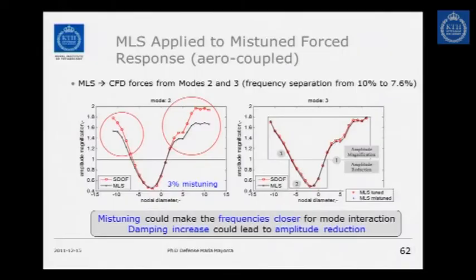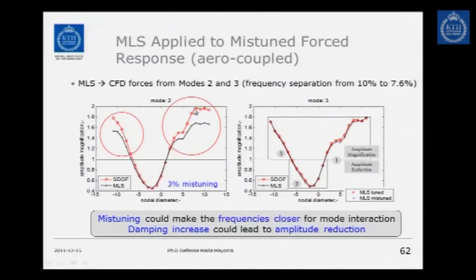If I produce this model and apply it to a force response calculation, aerocoupled and with mistuning, of two specific modes, what you see here is that if I mistune and look at the amplitude magnification with respect to the tuned case, some nodal diameters have a lower amplitude and some others get a higher amplitude.